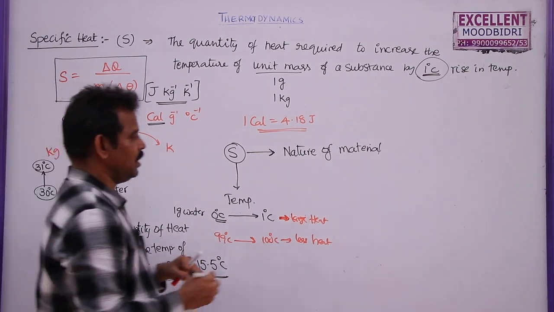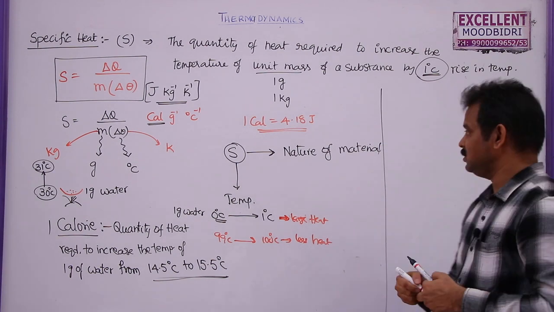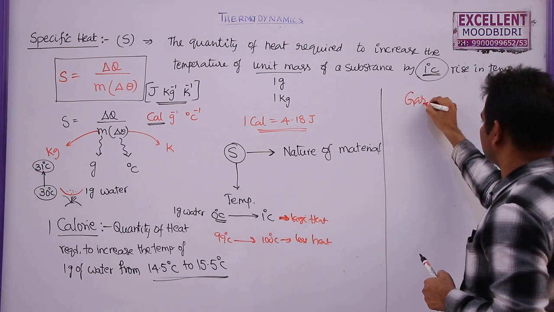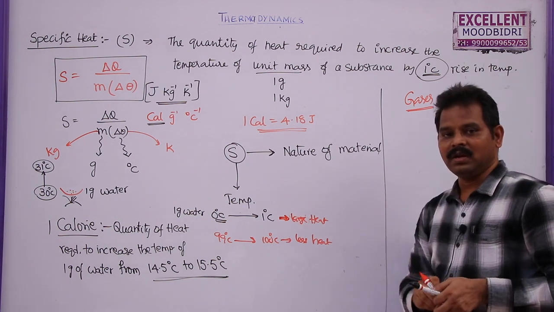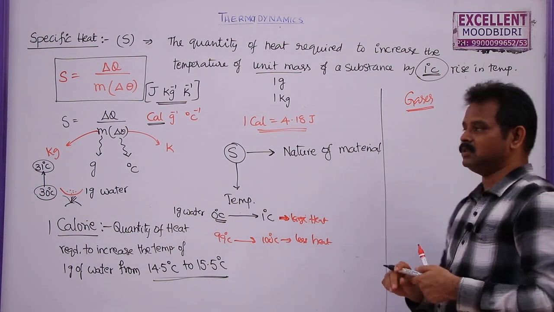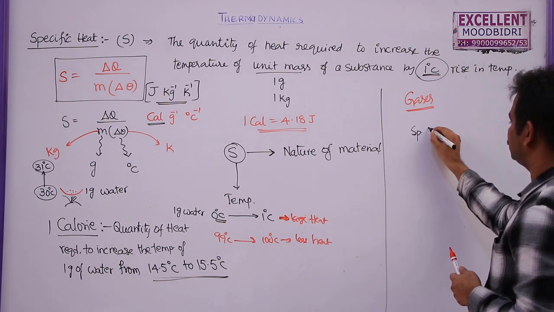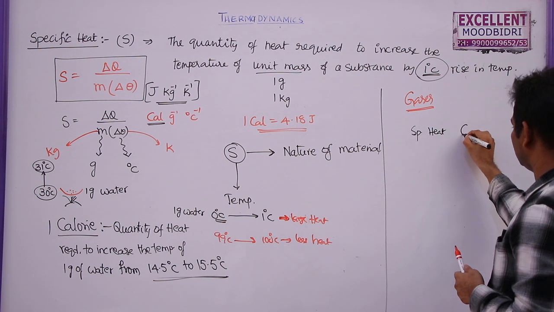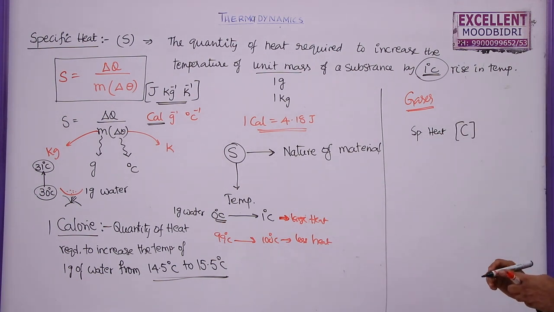This is for liquids. Now if you take a gas, in case of gases, generally we will not measure the mass of the gases, we will consider the moles of the gases. For gases, specific heat is denoted with the letter C. So what is the specific heat of a gas?